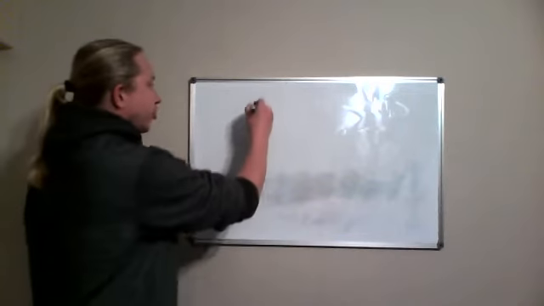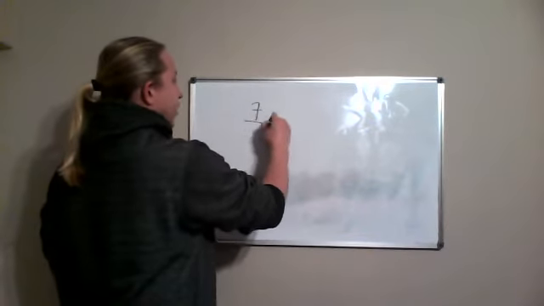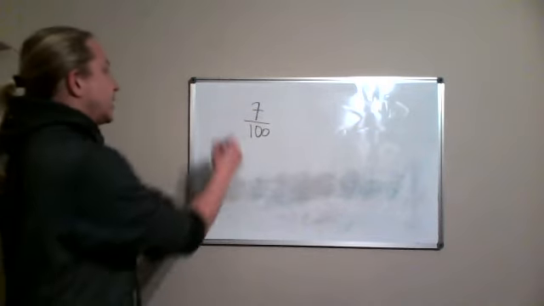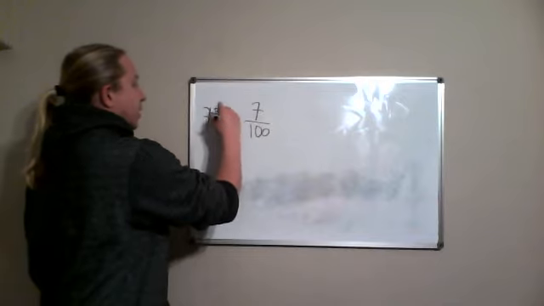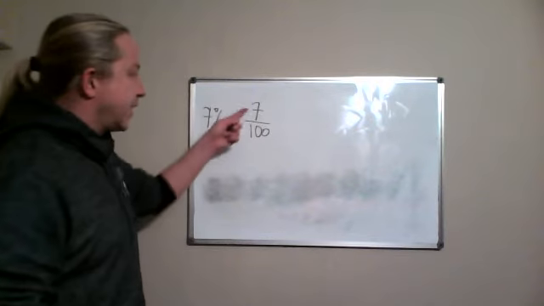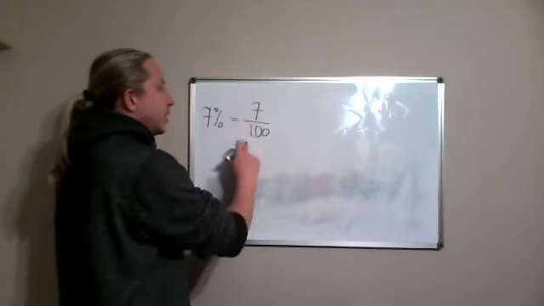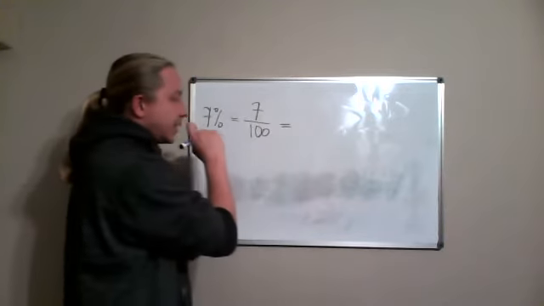So 7% is 7 per 100. And 7 per 100 is really just writing 7 over 100. So if I say 7%, that is equivalent to 7 over 100. And also we can turn the 7 over 100 into a decimal.